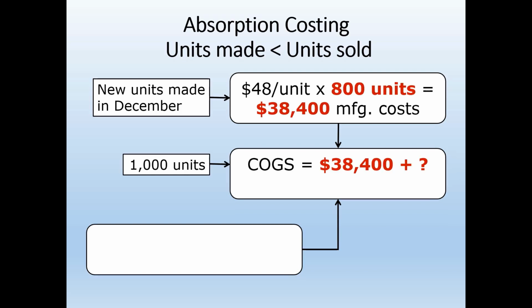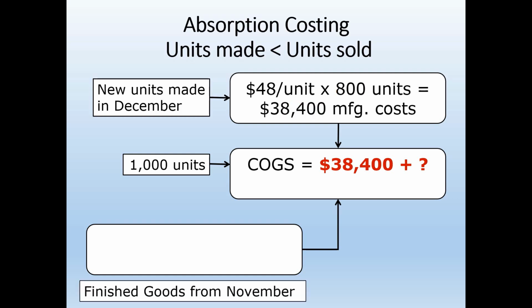So we can compute the total manufacturing costs for the 800 units made in December, but we still need 200 more units and their associated cost. Those units must come from the finished goods inventory that was left at the end of November.